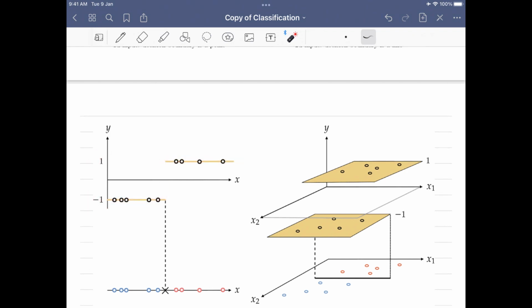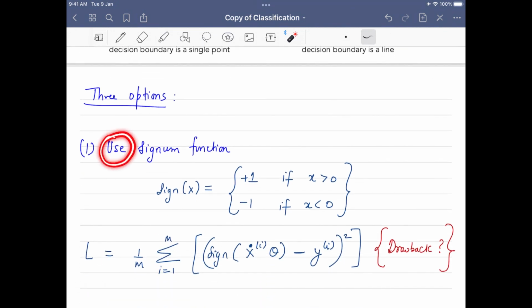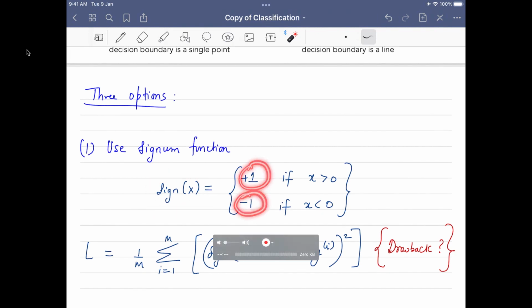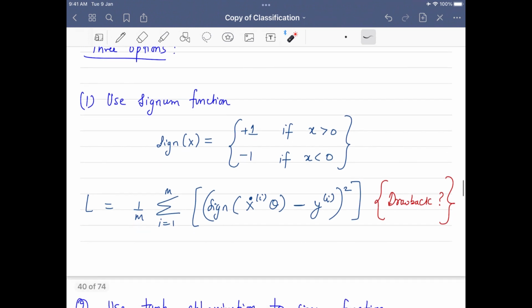In order to model this particular data set, ideally we will be using 3 different approaches. First is the Signum function. The Signum function actually ranges from +1 to -1. As you can see from these data points, it is ranging from -1 to +1. We want to fit this curve. So one approach is to use the Signum function, and you can use this particular loss function for it.